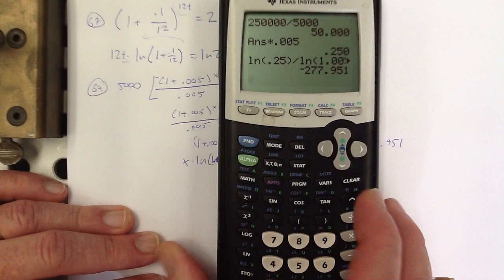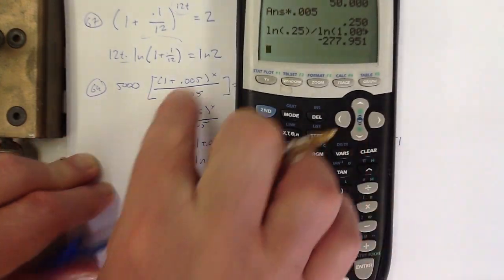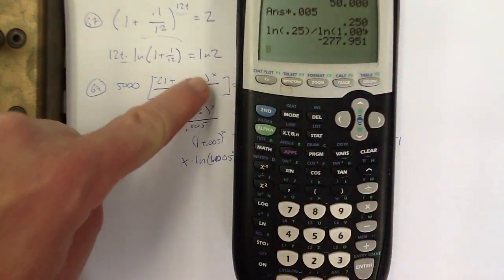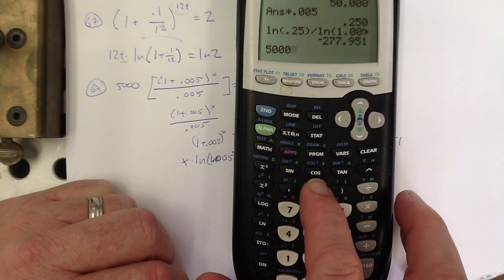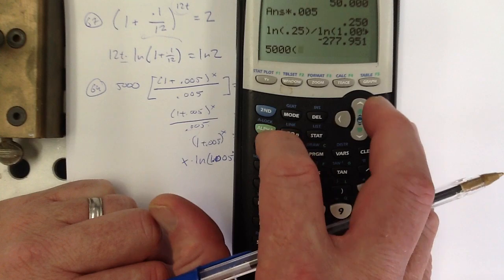Okay, you want to check this one? Here we go. Got to put this expression in with answer right there. So I got 5,000 times, I'm going to put a fraction in there.